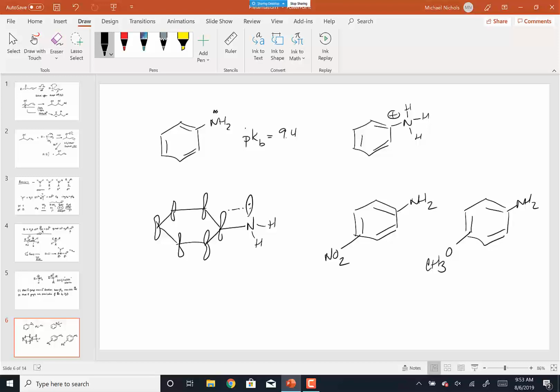Who's the stronger base? The one with the nitro group or the one with the methoxy group?